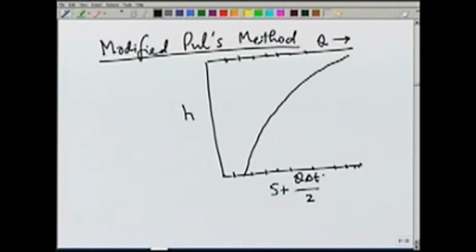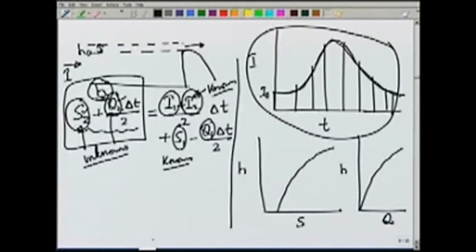Of course, delta t we have to decide. For deciding delta t, normally it is selected in such a way that the time to peak typically consists of about 3 to 5 delta t's.